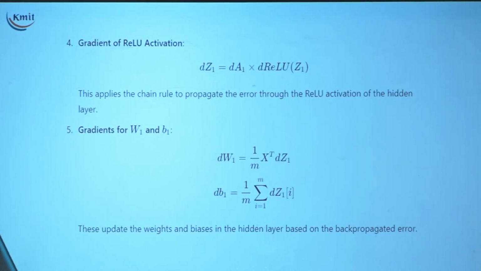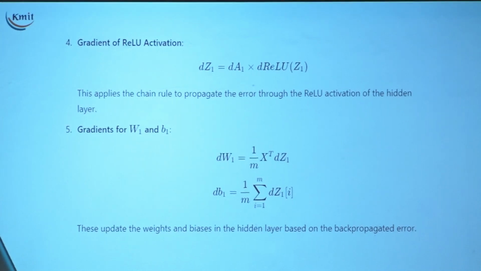You are supposed to define a function for calculating the loss function and define a function for backward propagation in 5 steps: dZ2, dW2, dB2, A1, ReLU, and then dW1 and dB1.